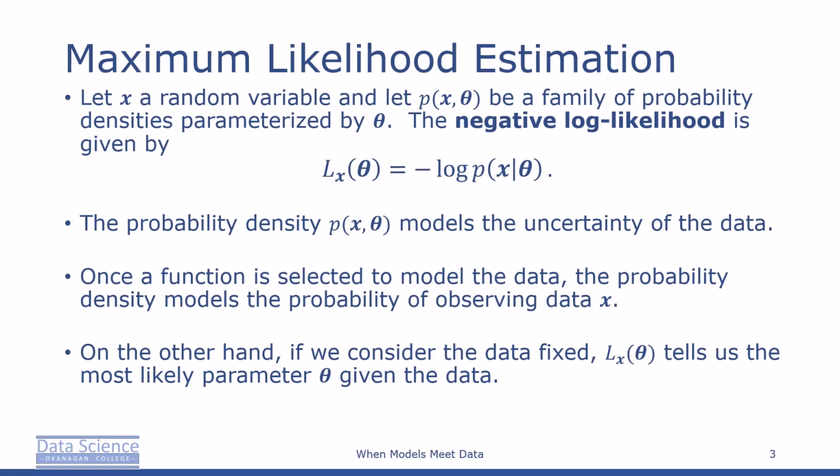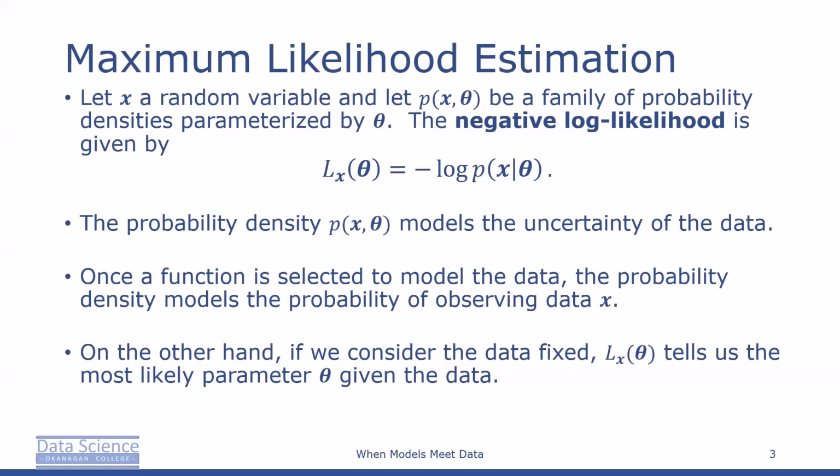Let us interpret what the probability density p of x given theta is modeling for a fixed value of theta. It's a distribution that models the uncertainty of the data. In other words, once we have chosen the type of function we want as a predictor, the likelihood provides the probability of observing data x.